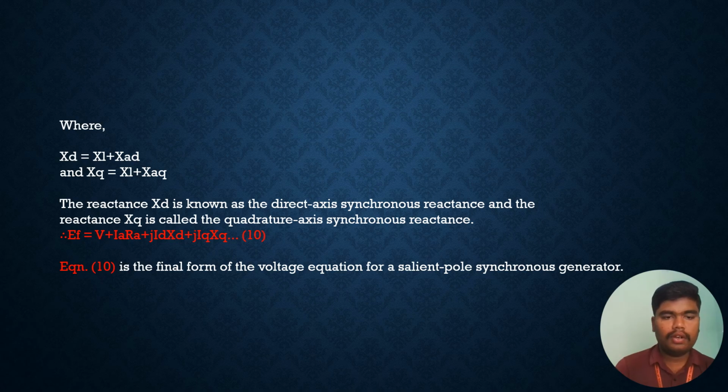Therefore the final tenth equation is written as EF equal to V plus IA RA plus jID XD plus jIQ XQ. Equation 10 is the final form of the voltage equation for the salient pole synchronous generator.